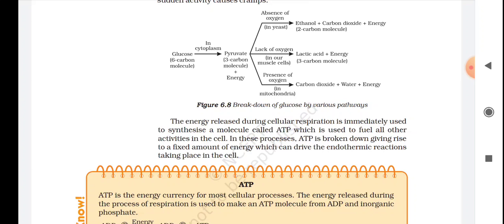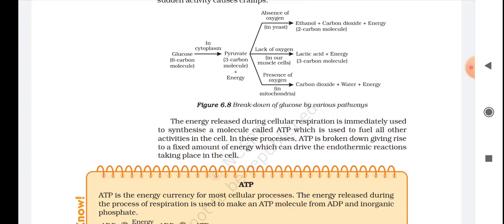In this process the reduced coenzymes are oxidized with the help of oxygen, right? So here oxygen is also present. In the presence of oxygen, the coenzyme is completely oxidized. So finally water molecules are formed. So in the process of ETC, what will we get? Finally we get ATP and we also get water molecules.